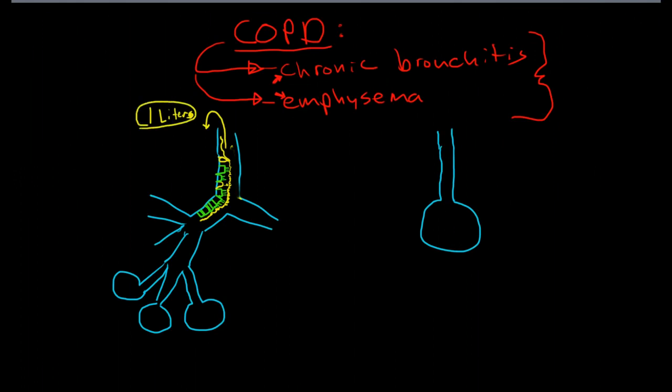But what happens with smokers is they end up losing their cilia because of their smoking, and actually there are more changes to these cells that occur. They actually start to develop a stratified squamous epithelium, and as part of that, they lose their cilia.